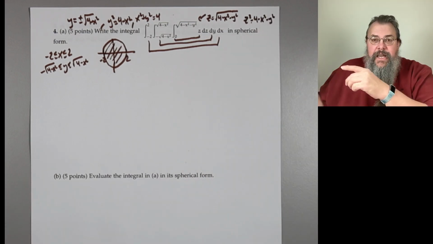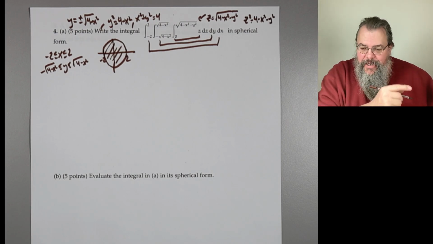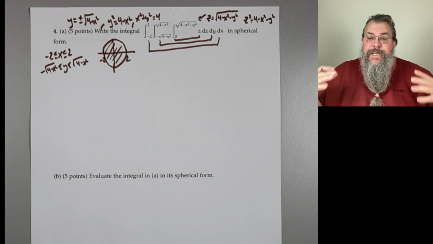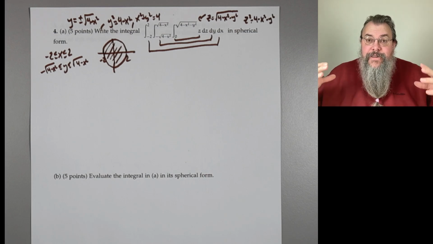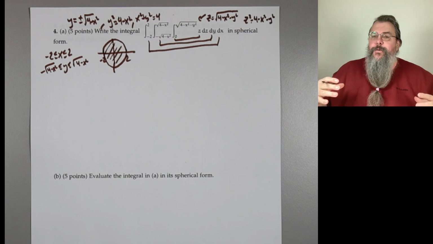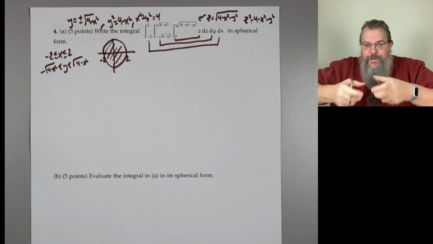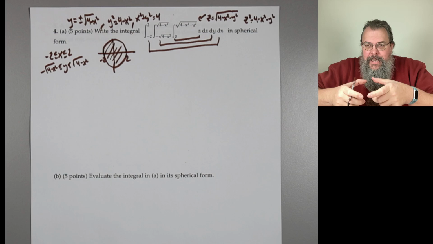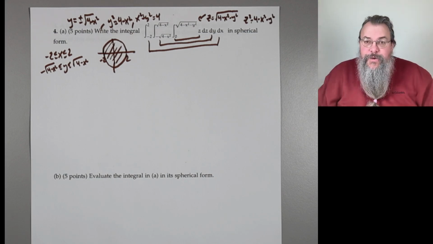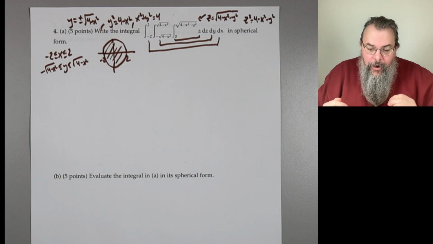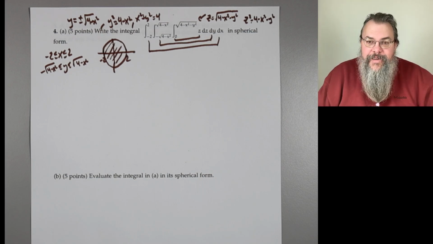Wait a second, that looks like x squared plus y squared plus z squared equals 4. That's the sphere of radius 2. Well, wait, I have a circle of radius 2, and I'm going from that circle up to a sphere of radius 2. Okay, I think I know what this looks like then.